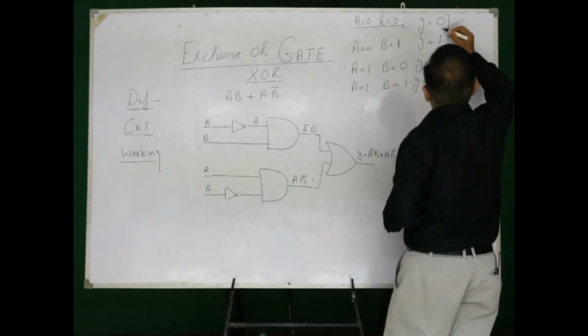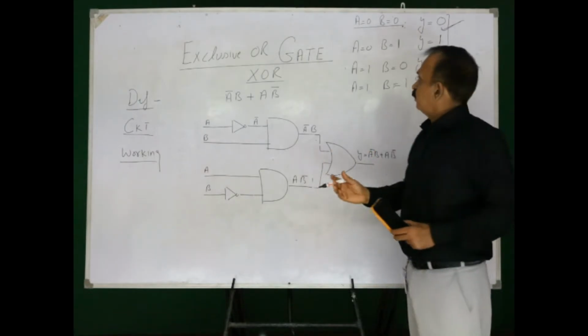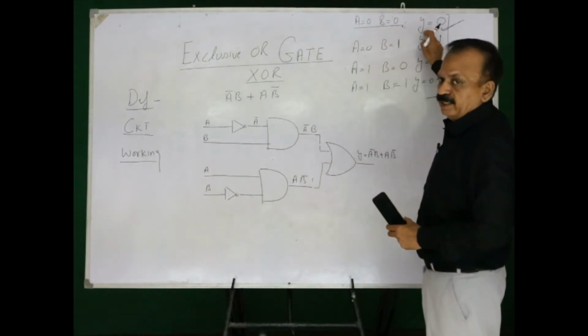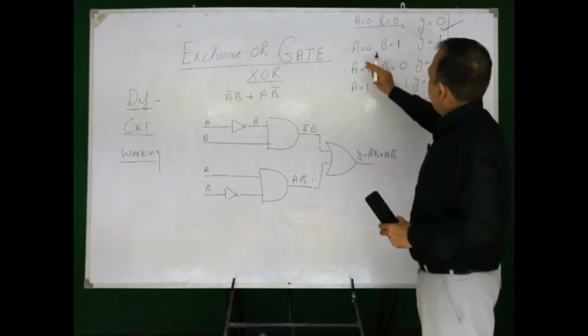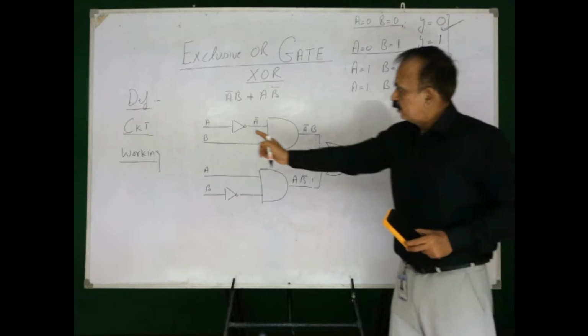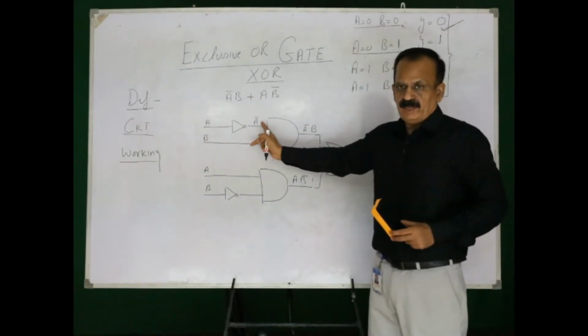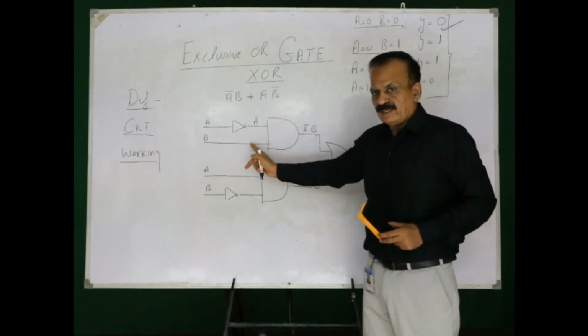This case is there, that is when A is equal to 0, B is equal to 0, y is going to be 0. The next one, A is equal to 0 and B is equal to 1. Now the value of A is 0, so A bar will be 1. B is already 1.